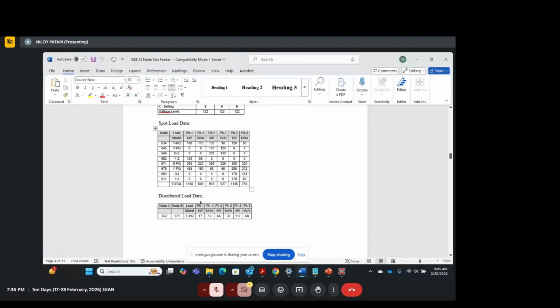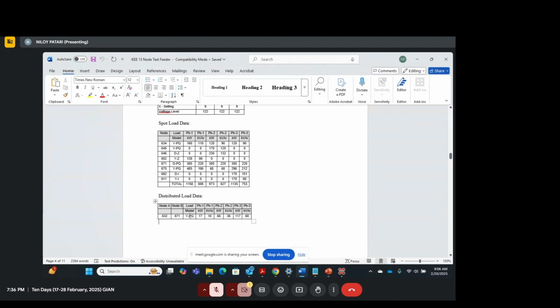Oh, it's here, right? So you have a distributed load here, which is a different kind of load, and the distributed load, you can take it as a spot load, but it acts as a spot load at 2/3 of the line, right? And why it is taken as 2/3 of the line is again explained in Kersting a bit.